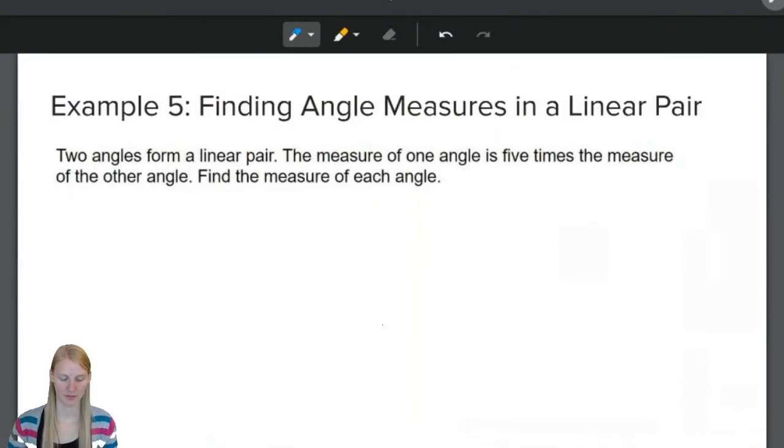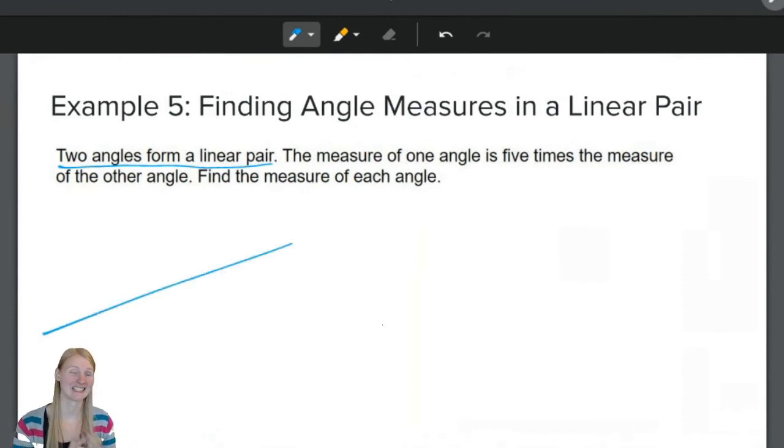Okay. Example 5. Aha. So now we are finding angle measures in a linear pair. This example is important because it shows all of the special properties about linear pairs. So, two angles form a linear pair. I need a picture. Two angles form a linear pair.